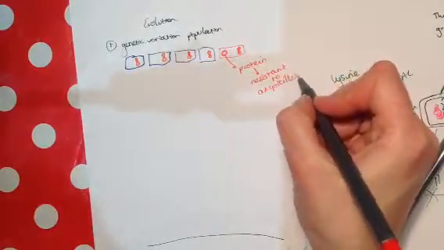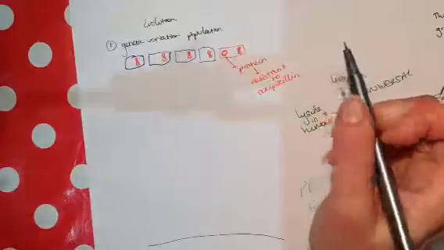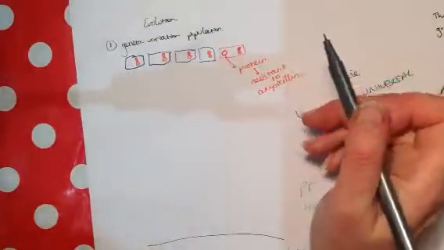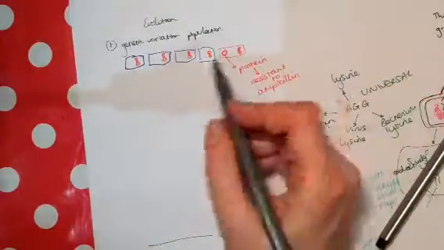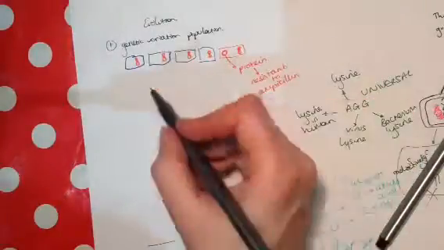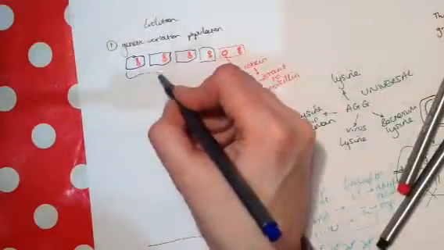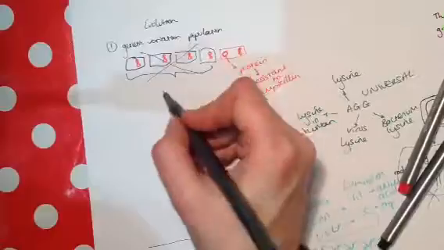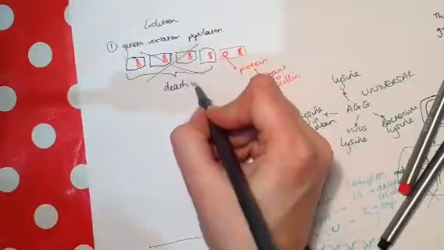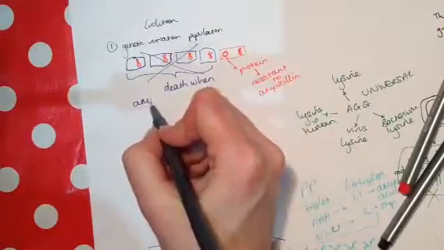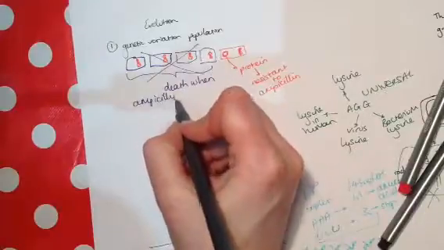And what will happen is, if a doctor prescribes ampicillin to the population of humans that are carrying these bacteria, then all of these will die. So death when ampicillin, the antibiotic, is present.